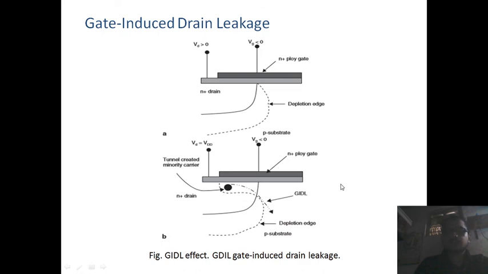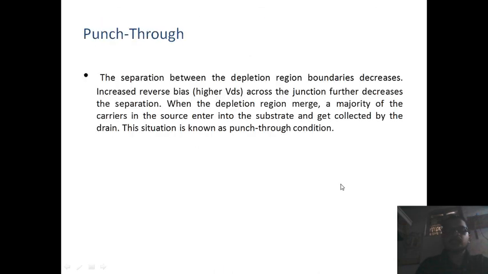This is punch through, meaning the carriers punch through the substrate to the drain. A direct path is established between source and drain, the electrons move from source to drain, and the device starts conduction.